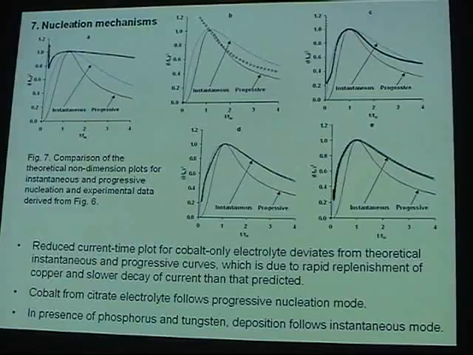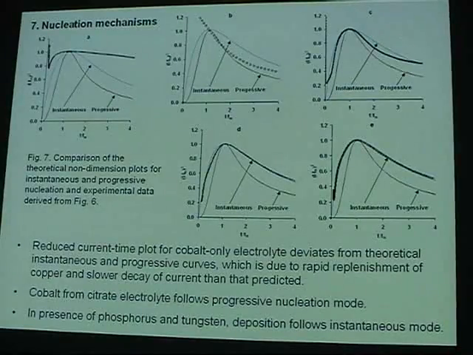We compare our experimental study with the theoretical instantaneous and progressive modes of nucleation, and we find that when it is only cobalt, it deviates from both instantaneous and progressive modes. But when we add trisodium citrate, it follows the progressive mode, which is in very good agreement with the literature.